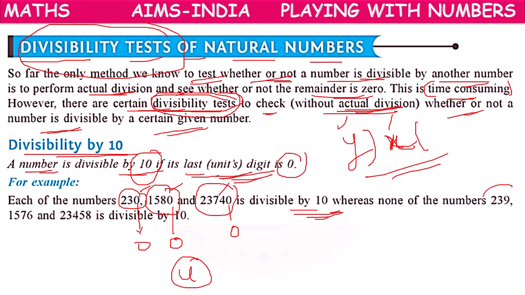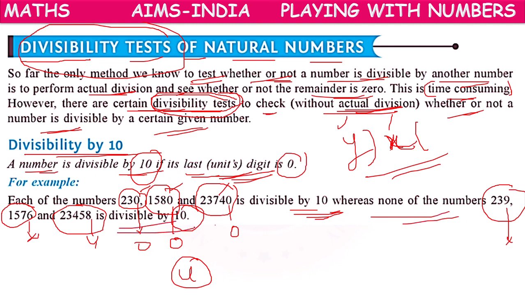Whereas if you observe numbers like 239, 1576 or 23,458, in these three numbers the digit in the units place is 9, 6, 8, which is not equal to 0. So none of these numbers are divisible by 10.